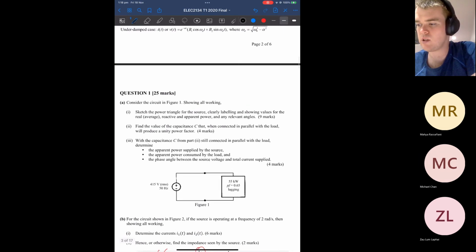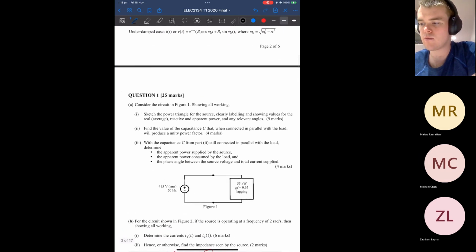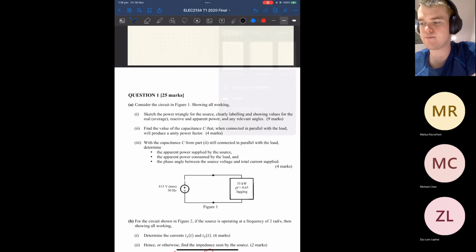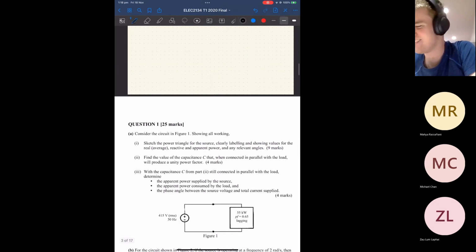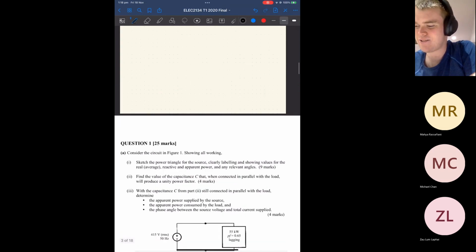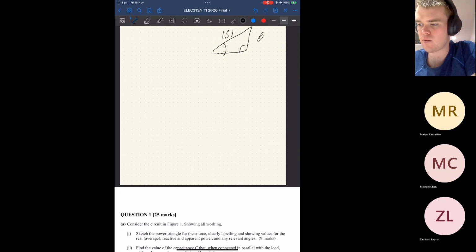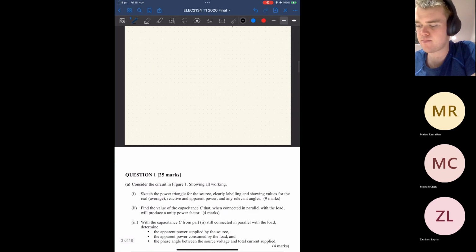Okay. Now for probably the hardest question, in my opinion anyway. I don't like power. So we want to sketch the power triangle for the source, and we're told it's lagging, so it's just going to be this. So we have S, Q, P. We've got some theta value.